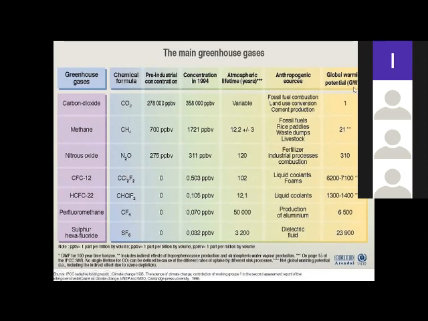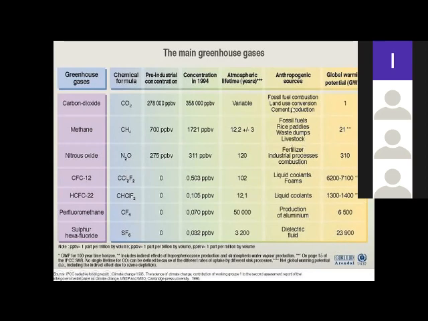And then look at this now. Global warming, if you take carbon dioxide as one, these things have this much of a potential for warming: 6,200, 7,100, 1,300, 6,500. So all these synthetic gases have very high global warming potential.